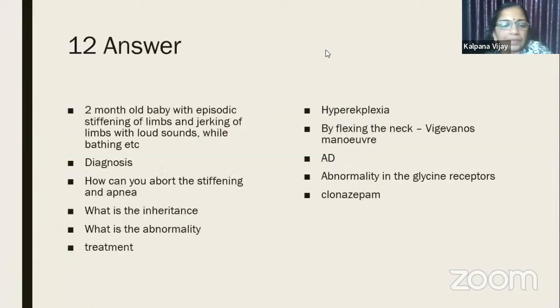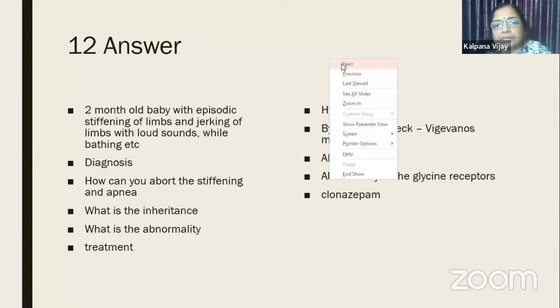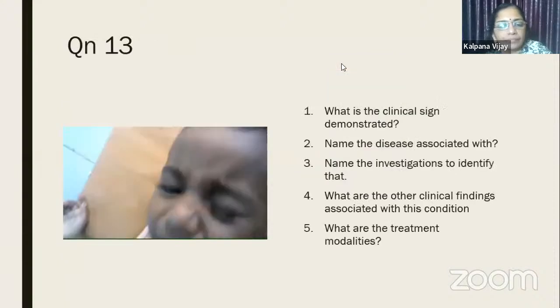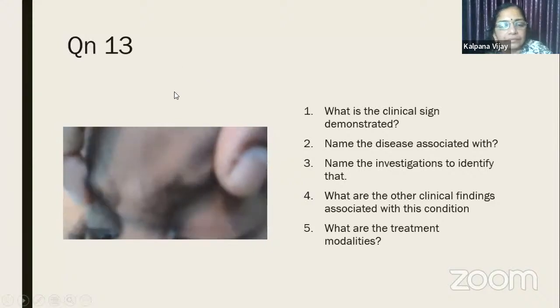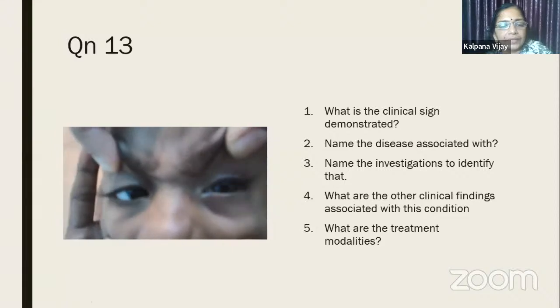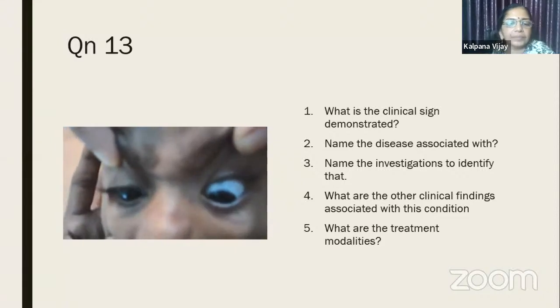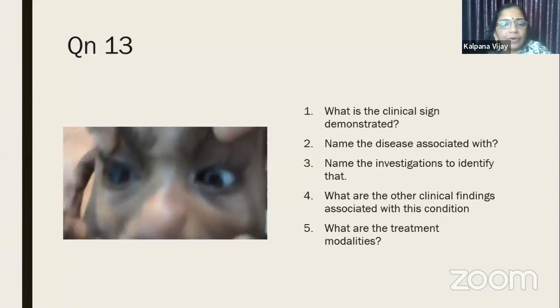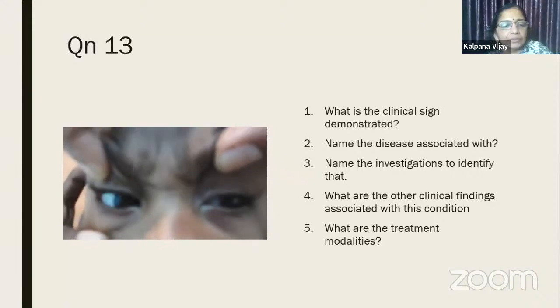So abnormality in the glycine receptors. This one, everyone will be knowing this because this is very commonly asked also.